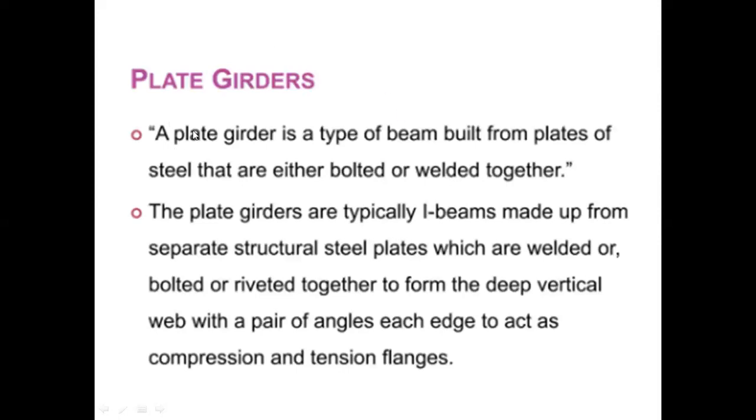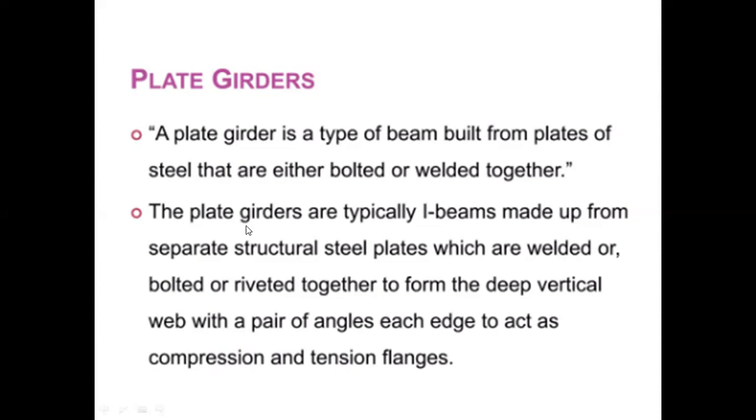As I said before, a plate girder is similar to a type of beam, which is a built-up section. A built-up section is nothing but two or more members combined to form a section. So a plate girder is a type of beam built up from plates, which are either bolted or welded. In most cases, plate girders are welded plate girders.